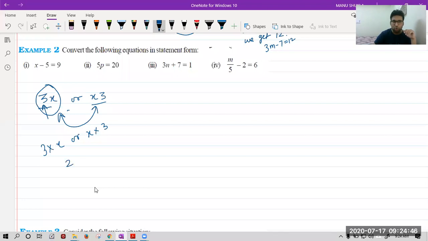Whether you write 2 into 3 or 3 into 2, it is the same thing. It is just a notation that we write like 3x, that's it. If you write x into 3, it is okay. Sir, means if you write both, they both are correct? Yes beta, they both are correct, they are not wrong. Not in subtraction and divide. Yes beta, in subtraction and divide this property will not work.